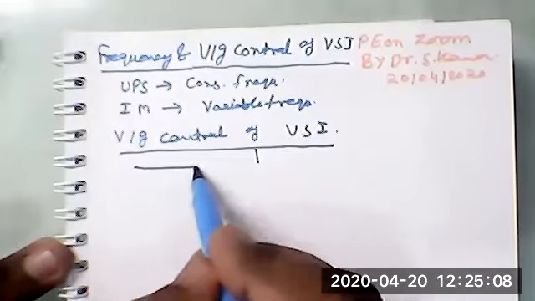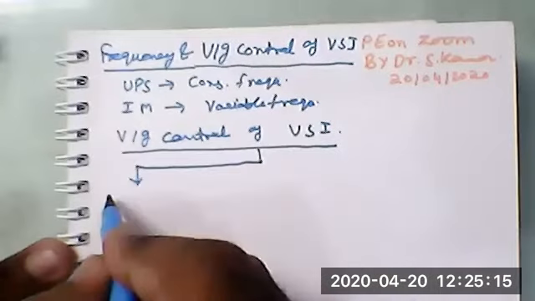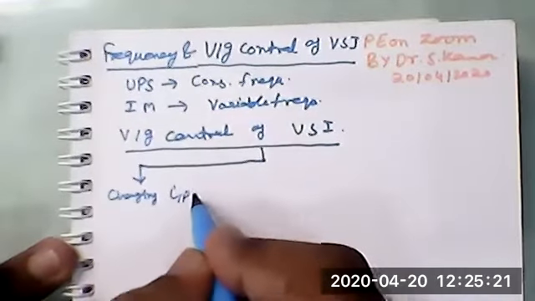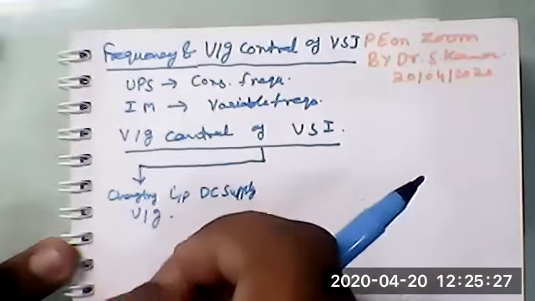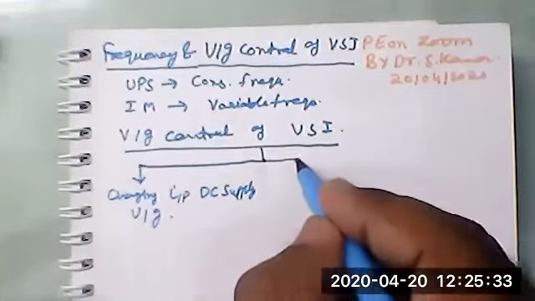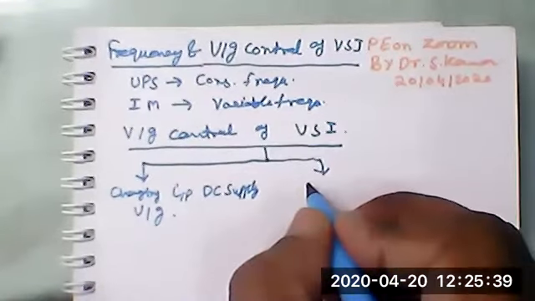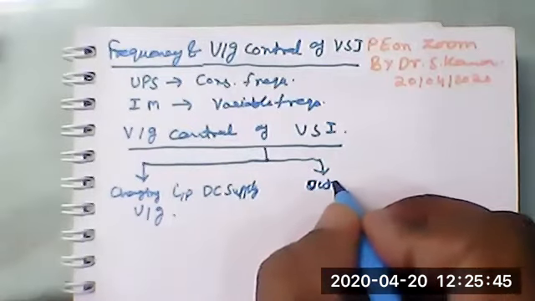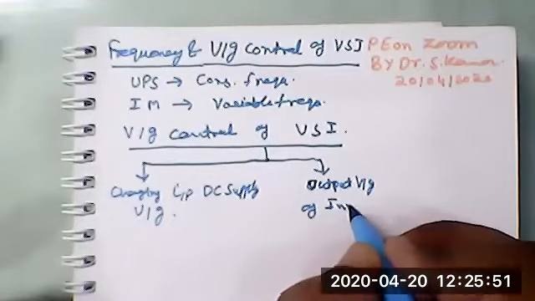Number one, it could be controlled by changing the input DC supply voltage, or it could be controlled by the output voltage of the inverter being controlled.